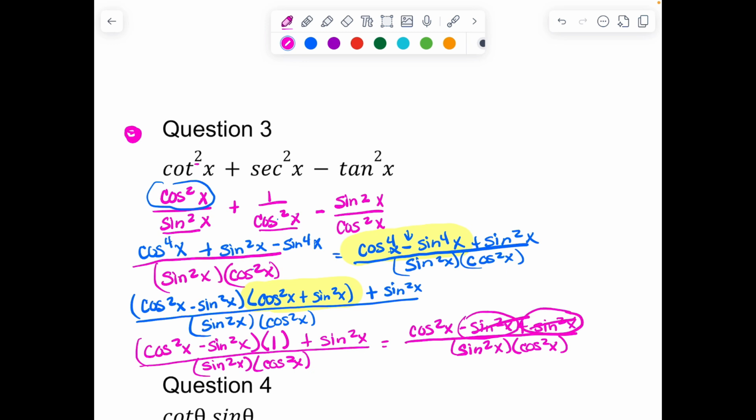So what we're left with is cosine squared of x all over sine squared of x times cosine squared of x. Then these cosines will cancel out and you get 1 over sine squared of x. And this is the reciprocal of the cosecant, so this would write down to csc squared of x.